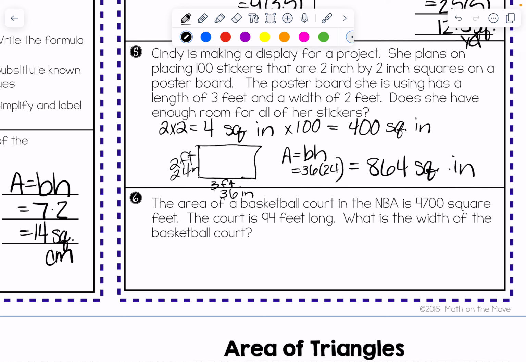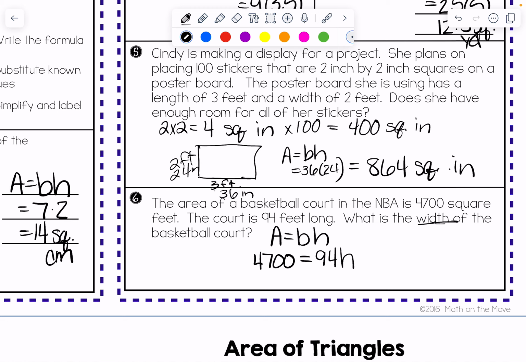Number 6, the area of a basketball court in the NBA is 4,700 square feet. The court is 94 feet long. What's the width of the basketball court? So here, we're still going to use our formula, but this is actually giving us the area. So we know the A is 4,700. The court's 94 feet long. And so it's asking for the width. We could say that's basically the same as the height.